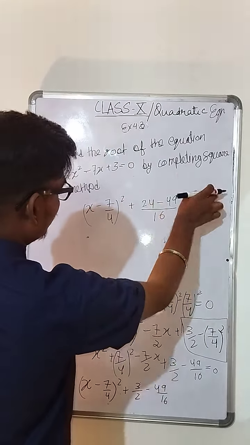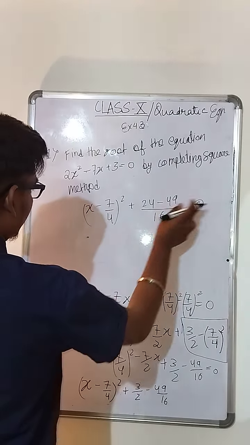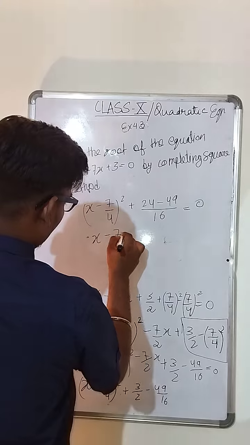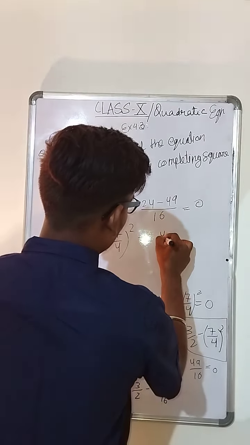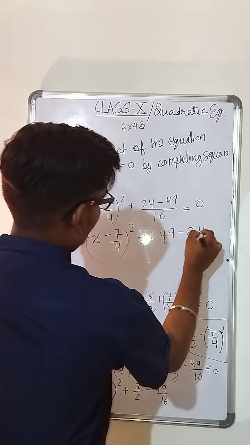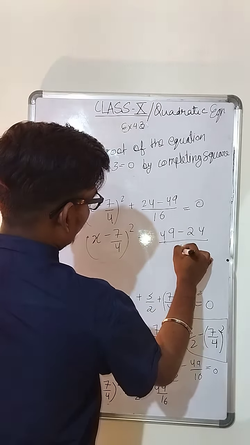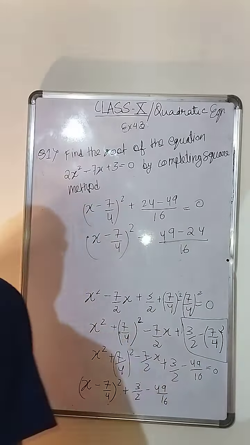Now I am taking it to the right hand side. Right hand side, what will it become? 49 minus 24 by 16.